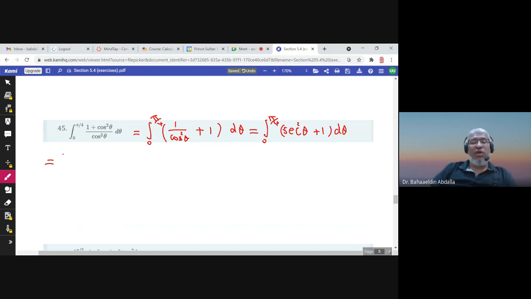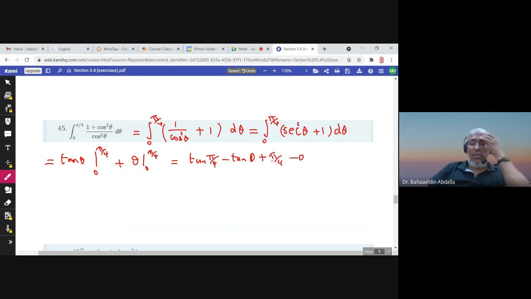Integral of secant square is tan, because the derivative of tan is secant square. So tan theta from 0 to pi over 4 plus the integral of 1 is theta from 0 to pi over 4. So now it would be tan pi over 4 minus tan 0, okay, plus pi over 4 minus 0.